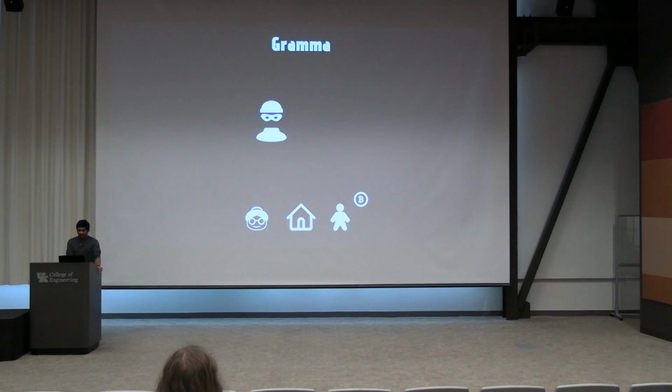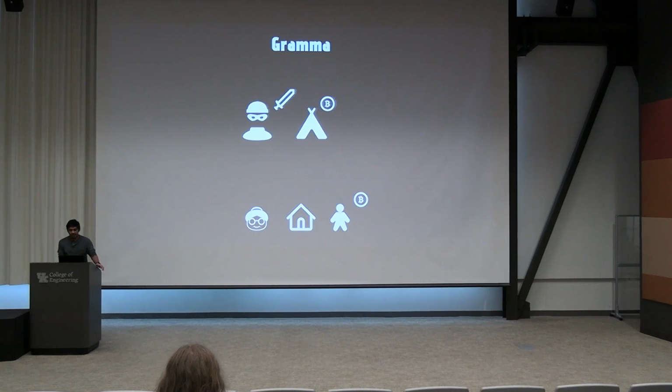There is a bandit, and the bandit wants to mug people. The bandit has a sword which the bandit can use to slay people, and he is in his camp, and there's a coin in the bandit camp.